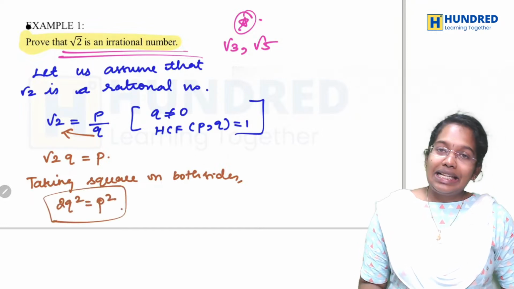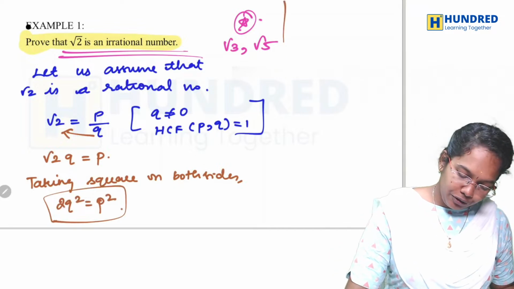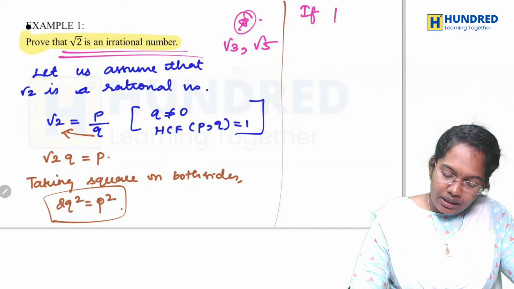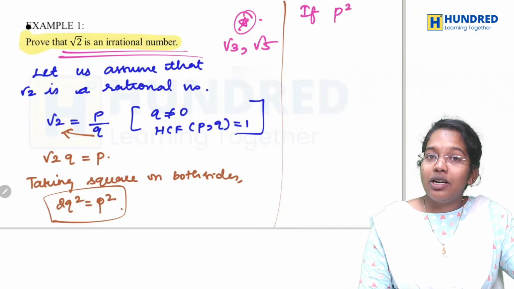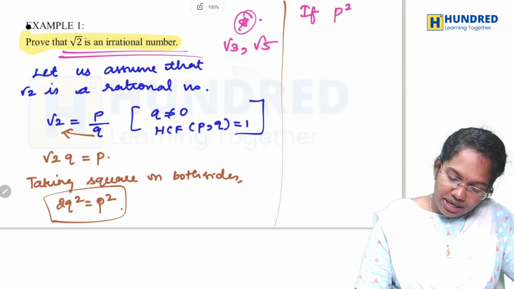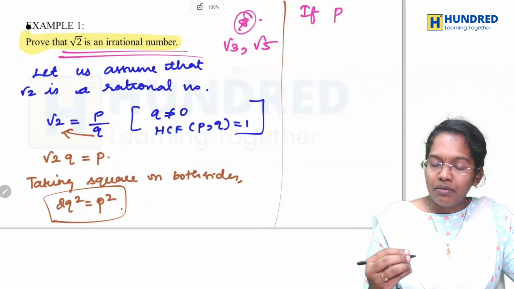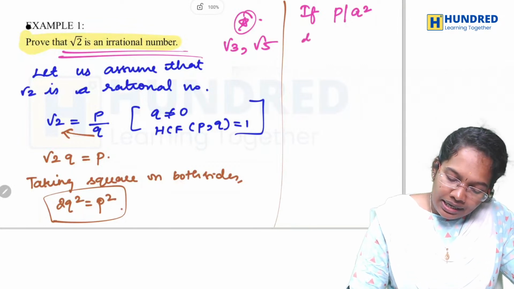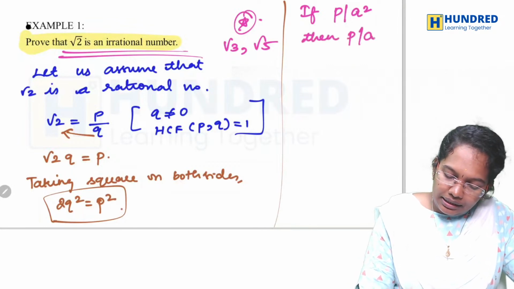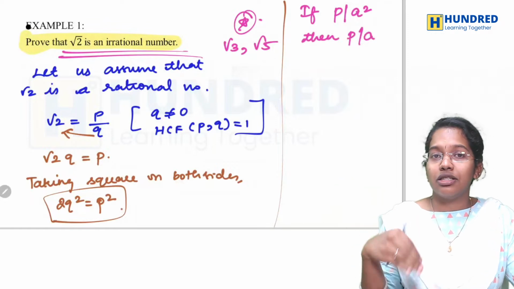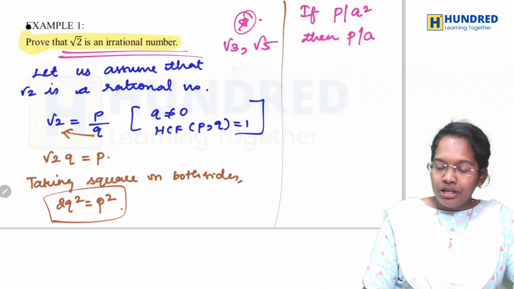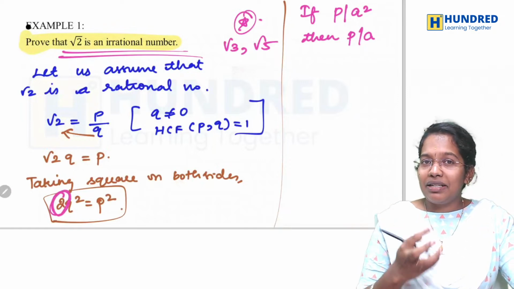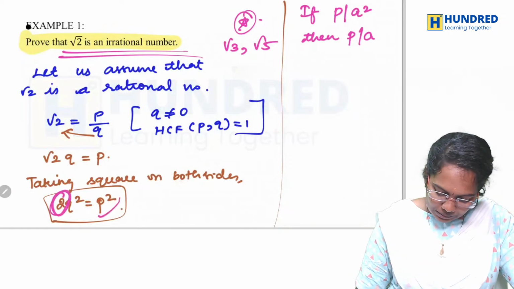Now we are going for that theorem which I told you earlier: if p is a prime and it divides a square number, then it will also divide the number whose square it is. Here the prime number is 2 and the square is p square.